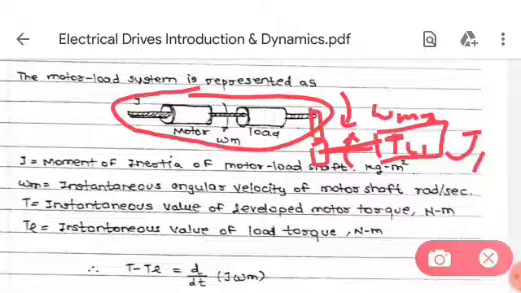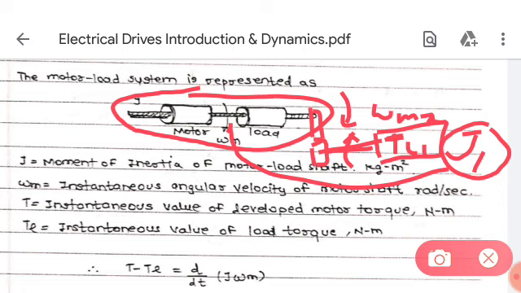There could be multiple loads connected, and even in that case we have to transform all these loads. So we have to transform this inertia to the motor shaft, this speed to the motor shaft speed, and this torque into the load torque.